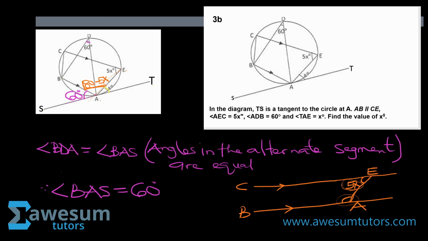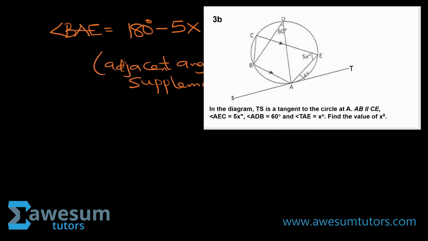You've also gotten this angle to be 180 minus 5x, and you have been told that this angle equals x degrees. So what do you think these three angles are forming? They are forming angles on a straight line. So if I add these three angles together, it should give me 180 degrees. That is what we are going to use to find x.